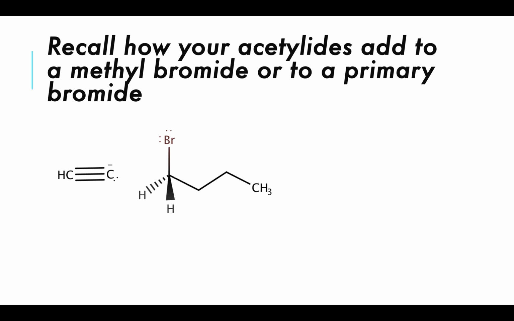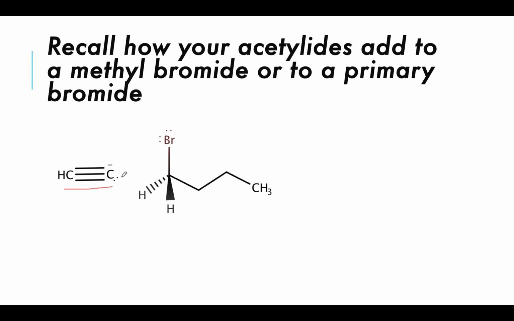Now we're going to go into the bread and butter of our lesson, which are substitution and elimination reactions. You've encountered them before, as I've taught twice already. We've used acetylide, which is a negatively charged carbon that's triple bonded to another carbon.